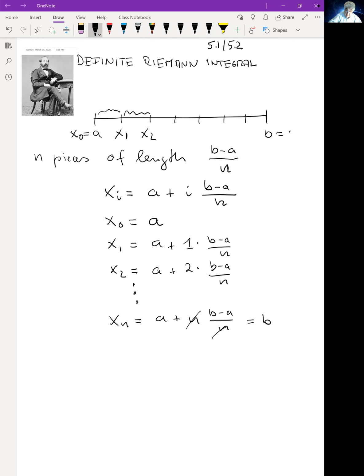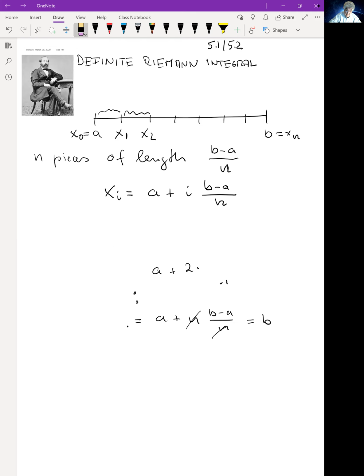So here we are at xn. So the xi are the partition points if I divide my interval in n pieces. Okay, that was step 1.